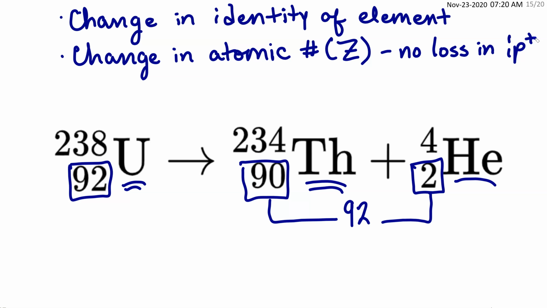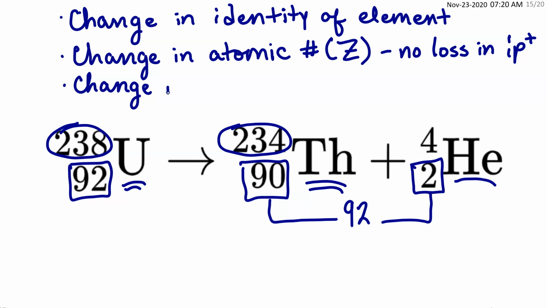Now, there is also a change in the atomic mass. In this case, we're going from uranium-238 to thorium-234.